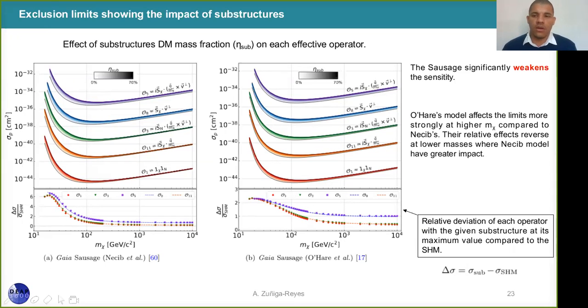And I can say also that the O'Hare model on the right sets stronger limits at higher masses, but this effect reverses for the case of the Gaia sausage, where the substructure produces stronger limits at lower masses.